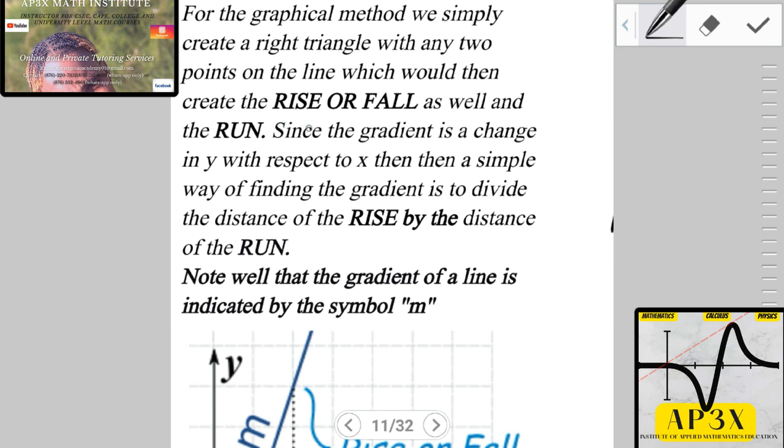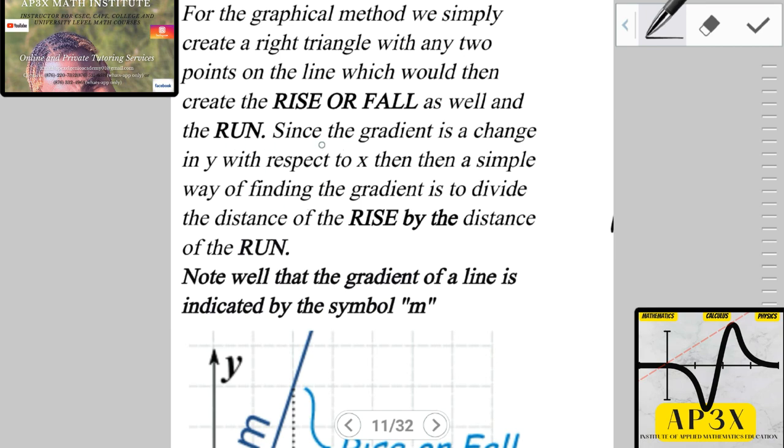Now, why we say rise or fall is because a lot of times the ambiguity of using the word rise implies to students that it is always something that goes up, but we have what is known as a negative rise, which we refer to as the fall. So once you've created the right angle triangle, the vertical distance of the right angle triangle will create the rise or fall, and the horizontal aspect of the right triangle will create the run.